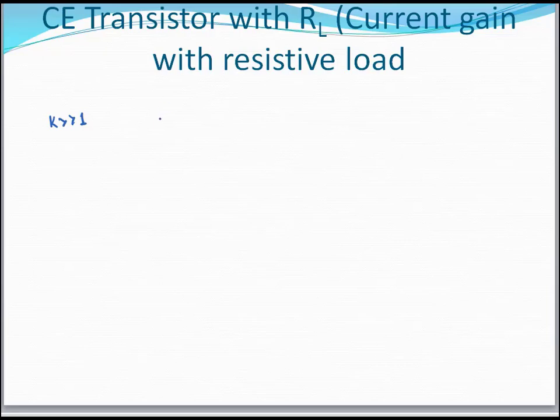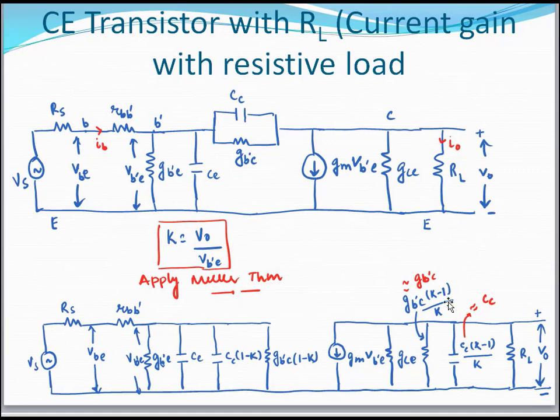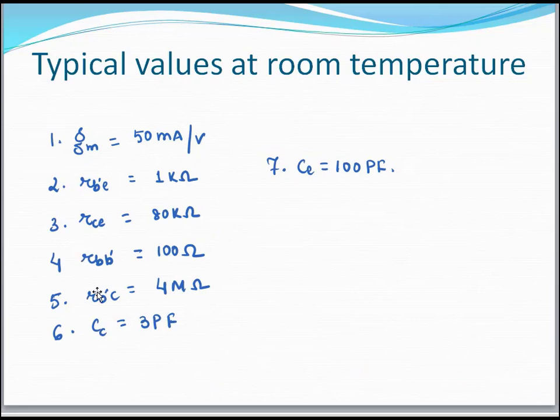And we can also do that the value of R B dash C. The value of R B dash C is the reciprocal of G B dash C. So if you see the value of R B dash C from the typical value, it is coming around 4 mega ohm. So it is a very high value as compared to if we have the load of 1 kilo ohm.